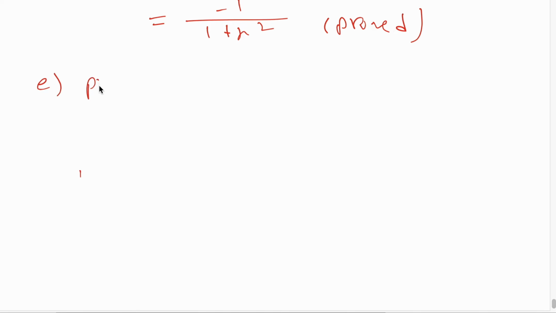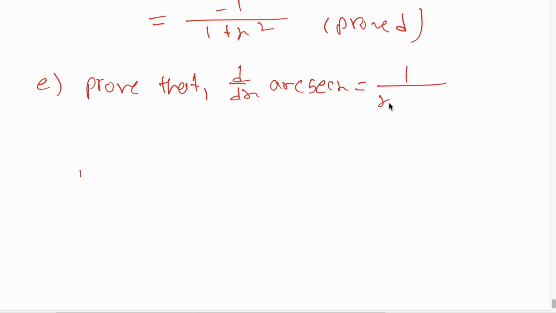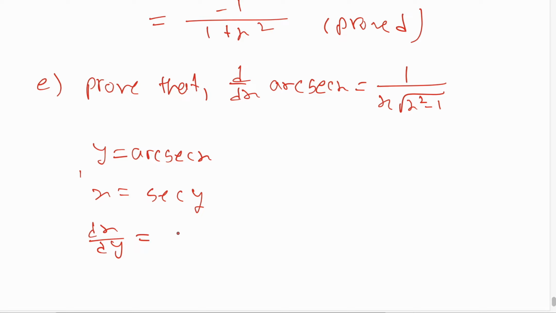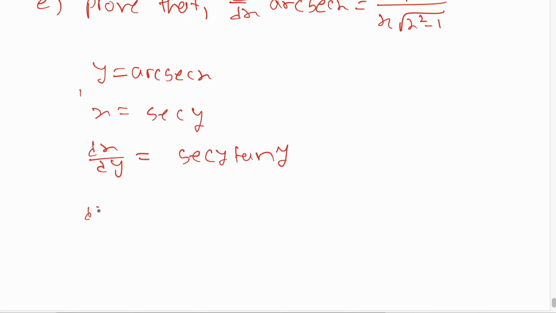Then comes the E part. E is prove that d/dx of arc sec x is equal to 1 by x root x square minus 1. So y equal to arc sec x, x equal to sec y. If we differentiate it, dx by dy, we get sec y tan y, that means dy by dx would be 1 by sec y tan y.